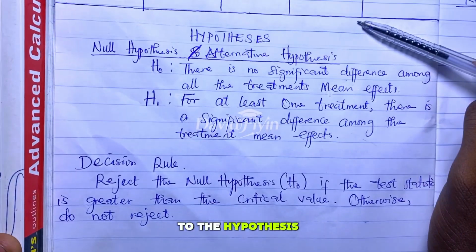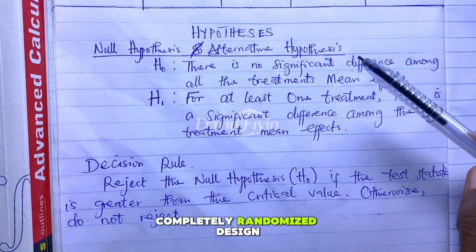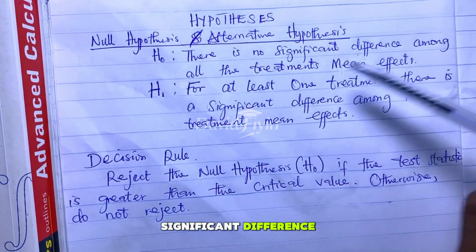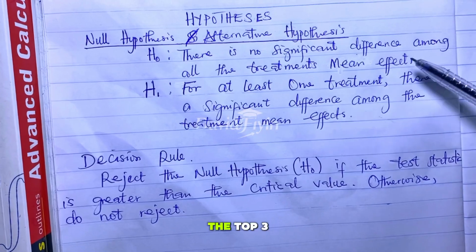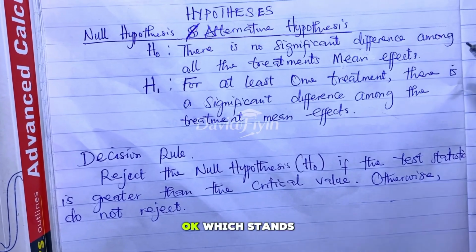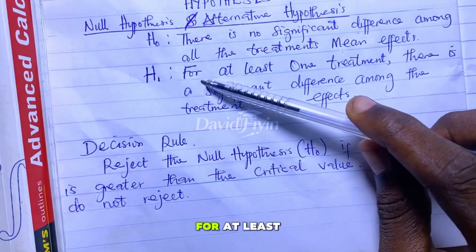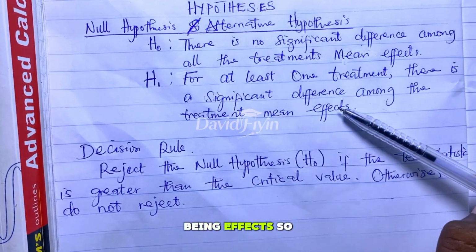Now, moving on to the hypotheses. We have the null hypothesis and the alternative hypothesis. For a completely randomized design, the null hypothesis always says that there is no significant difference among all the treatment main effects, that is tau 1, tau 2, tau 3, up to tau k, which stands for each treatment. And H1 always says that for at least one treatment, there is a significant difference among the treatment main effects.